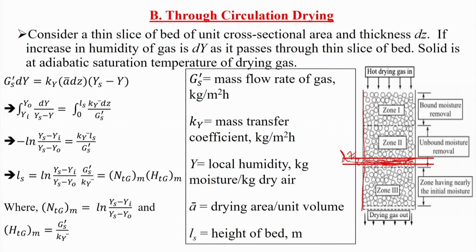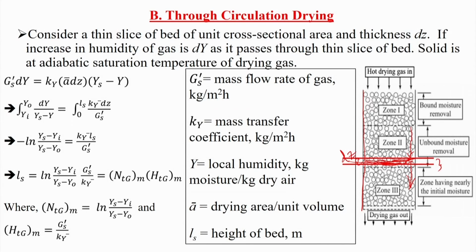If the increase in humidity of the gas is dy, then as the gas enters here and exits from this side, the humidity increases by dy across this thickness as it passes through this thin slice. The solid is at the adiabatic saturation temperature of the drying gas.